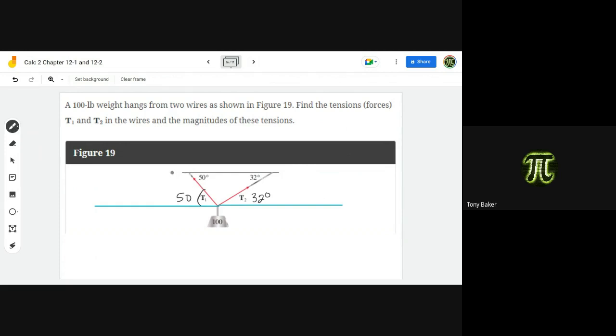If I was going to make this a triangle, and 50 degrees is there, and I'm looking for basically that point right there. That's going to be my T1. It's not 500, that's 50.